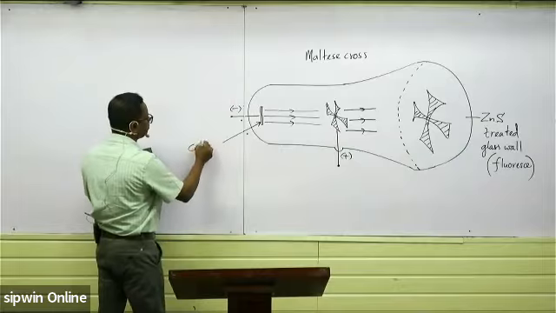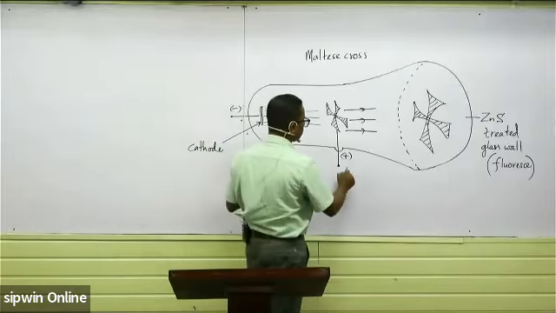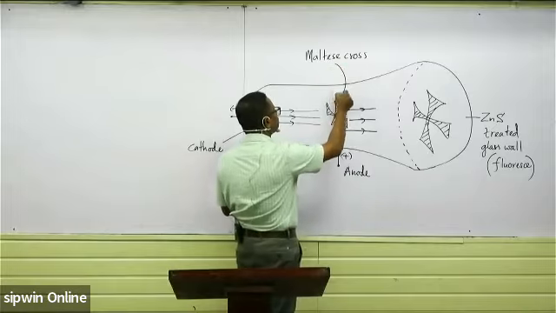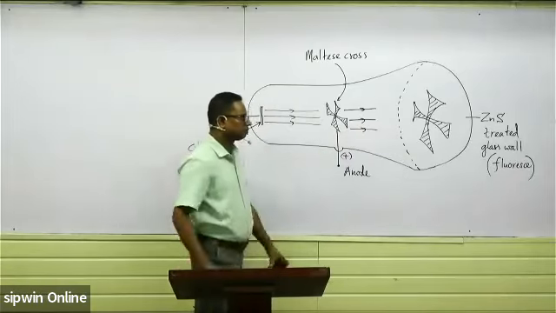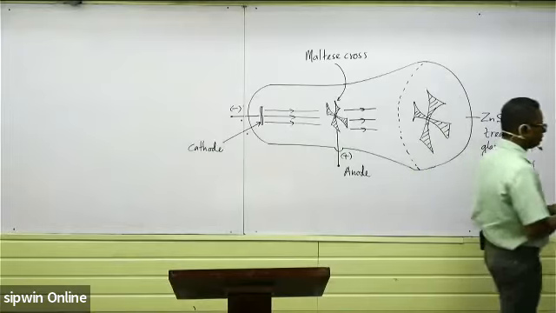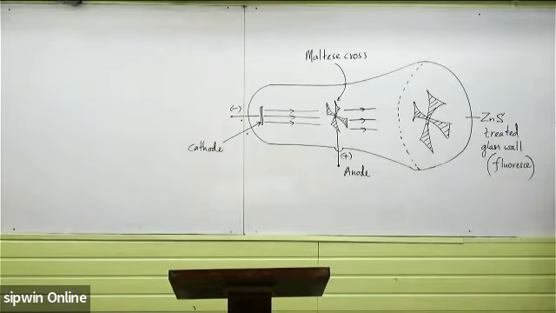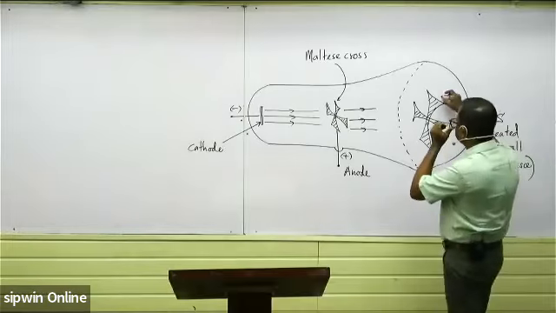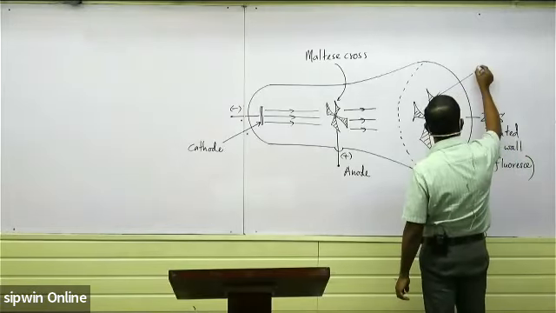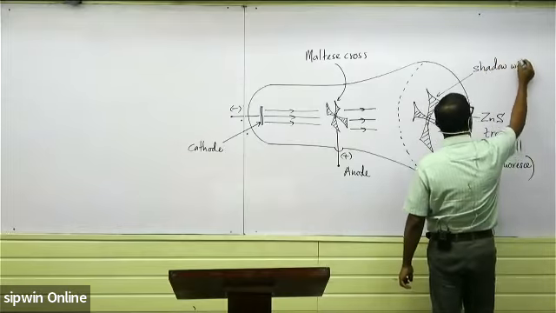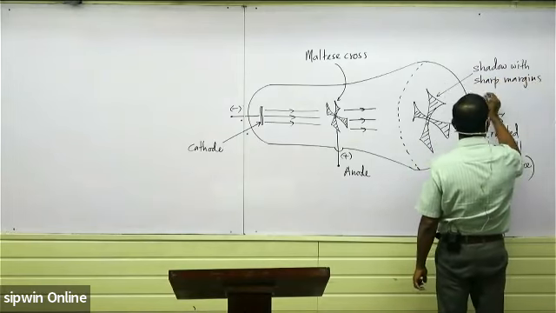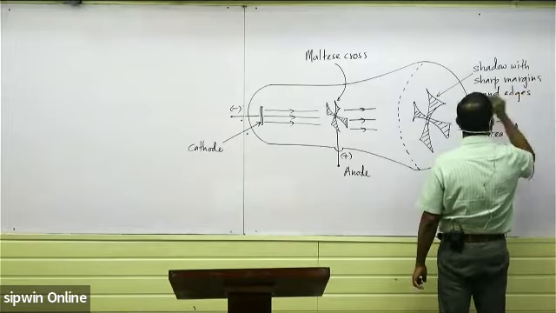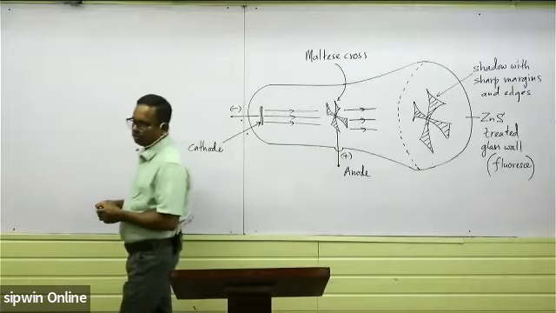Negative plate cathode, positive plate anode, Maltese cross, shadow with sharp margins and edges. Sharp margins and edges.